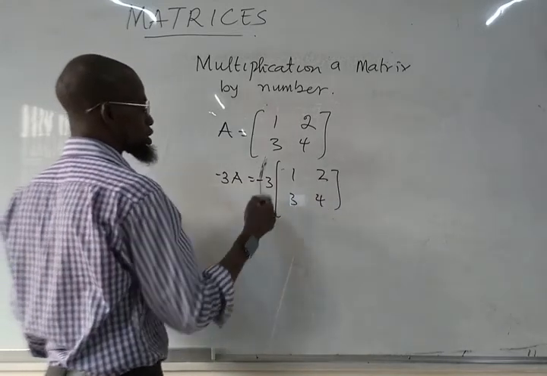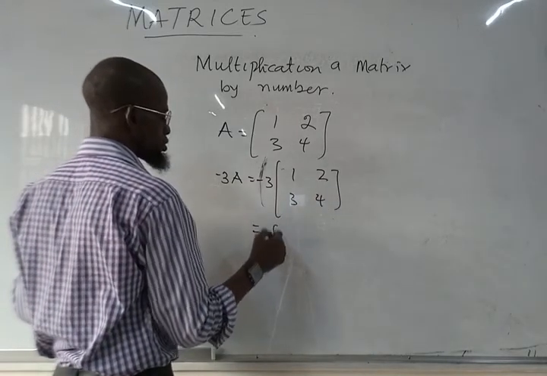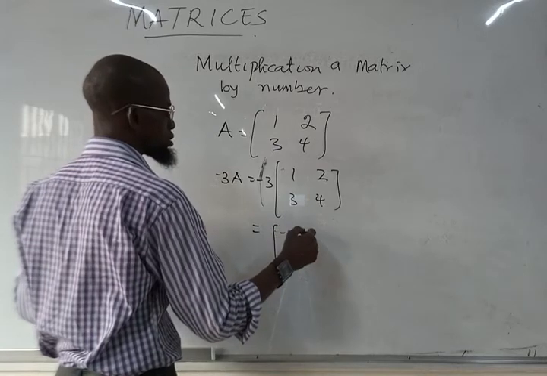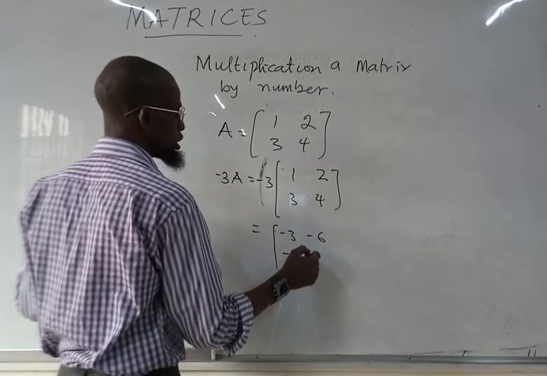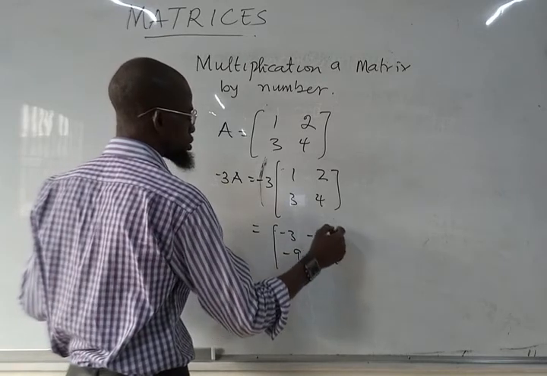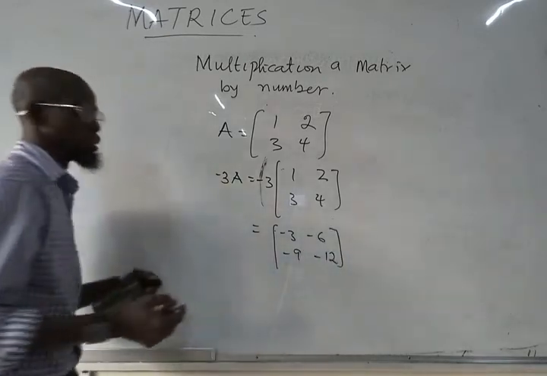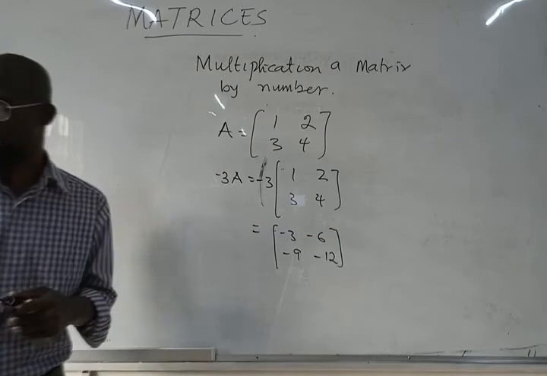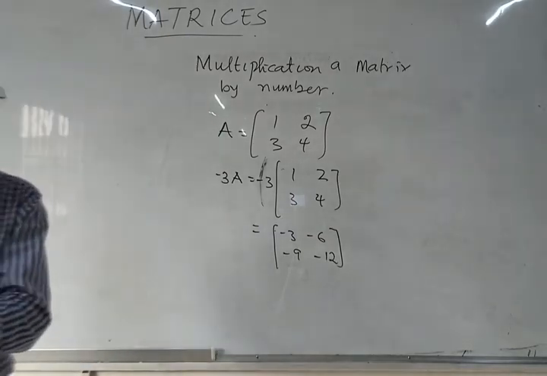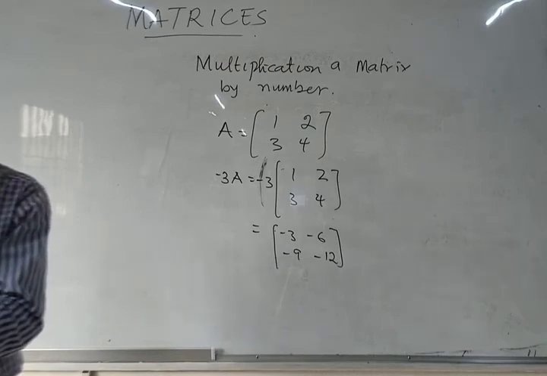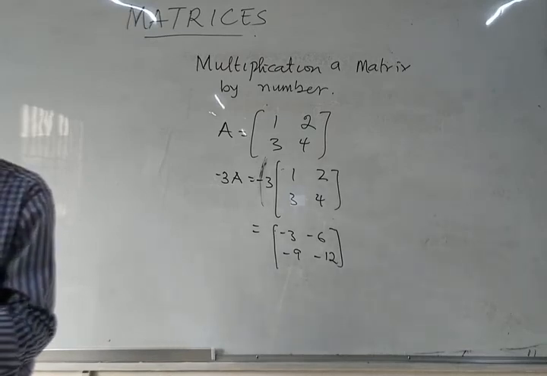This equally will give me minus 3, minus 6, minus 9, then minus 12. So it's still the same way. I'm multiplying a matrix by a constant number.